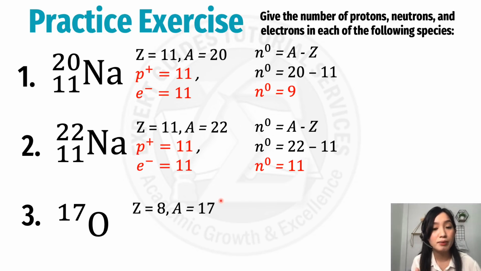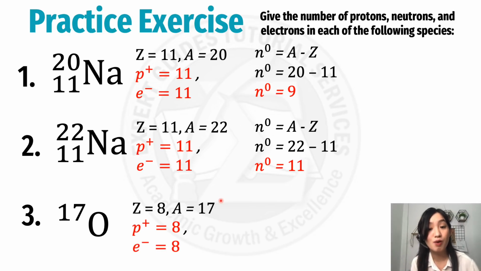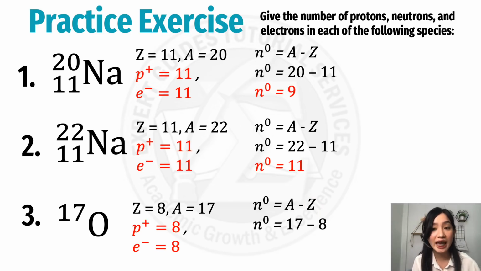Since atomic number is 8, its number of protons is 8, and its number of electrons is also 8. But the number of neutrons, we have mass number minus atomic number. So we have 17 minus 8. The total number of neutrons of an oxygen is equal to 9.